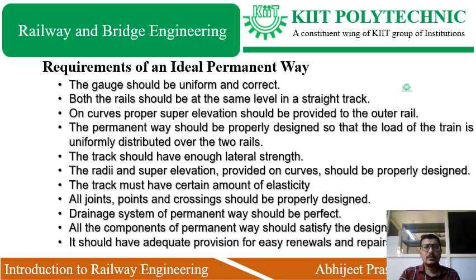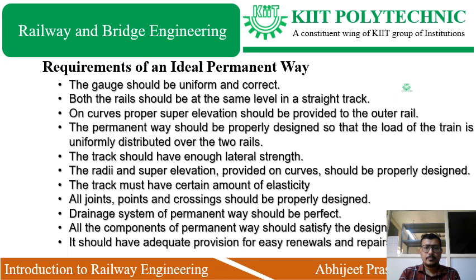The permanent way should be properly designed so that the load of the train is uniformly distributed over the two rails. The track should have enough lateral strength. The radii and super elevation provided on curves should be properly designed. The track must have a certain amount of elasticity.